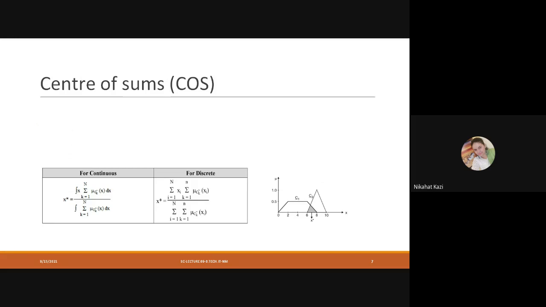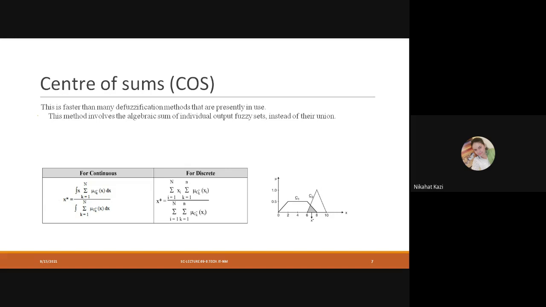The next method is the center of sums method. So center of sums method, how is it different? It is faster. What it does is individual fuzzy sets, it finds the area separately instead of taking the union of the entire landscape.